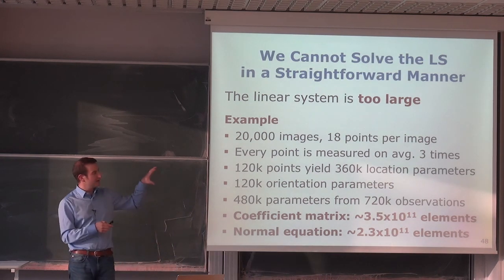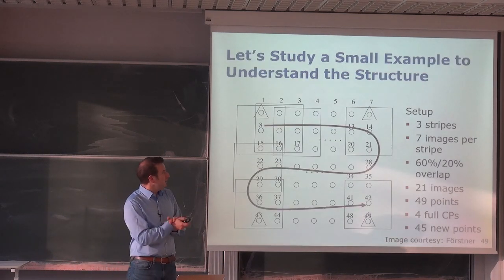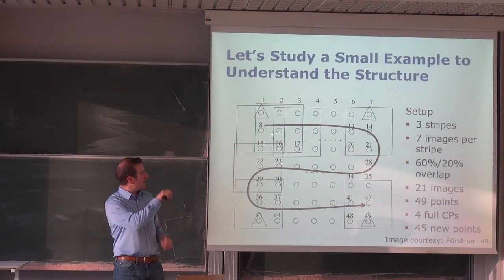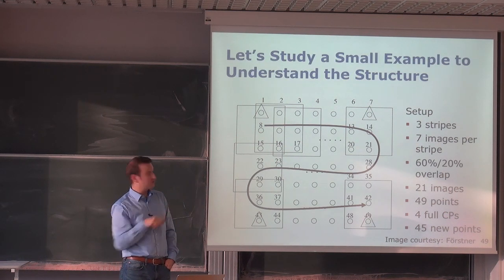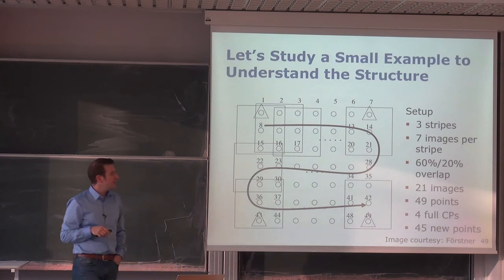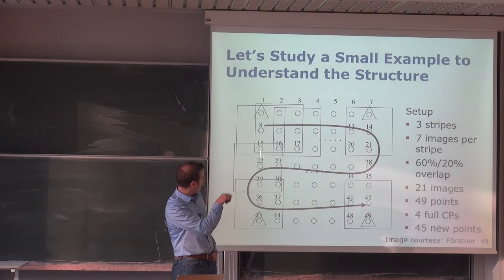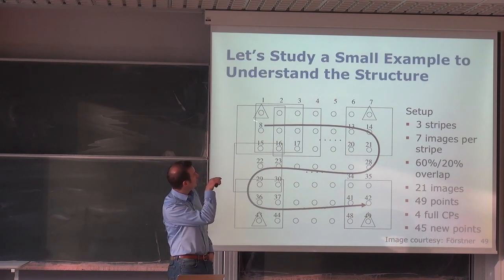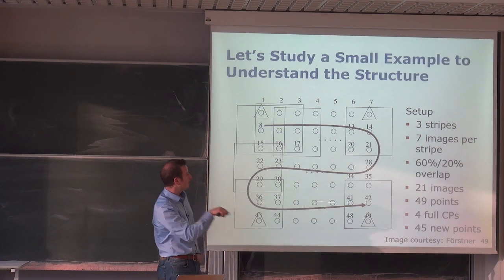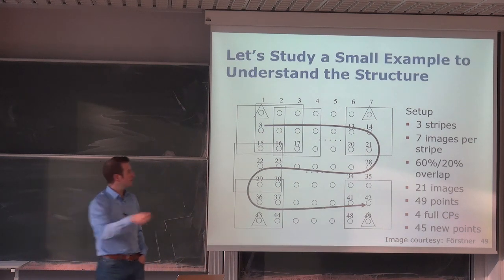In order to understand that problem a bit better, we look at a concrete, small example. Consider an airplane flying approximately on this trajectory through the environment and recording a couple of images. We have 3 stripes, and every stripe consists of 7 images, so 21 images.